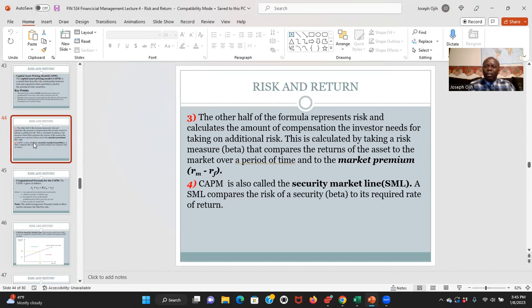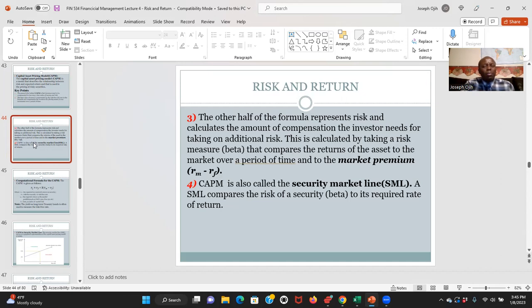It helps us to take the risk measure, which is what we normally call beta, that compares the return of the asset to the market over a period of time. And then also the market premium.